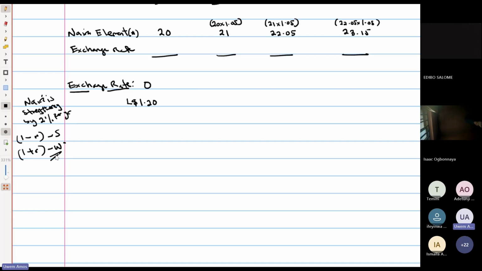So because it is weakening, we're going to use 1 plus R because we are given Lindarian dollar.